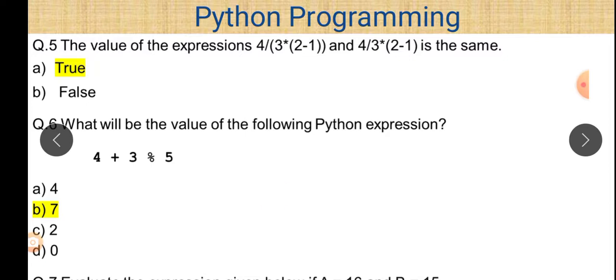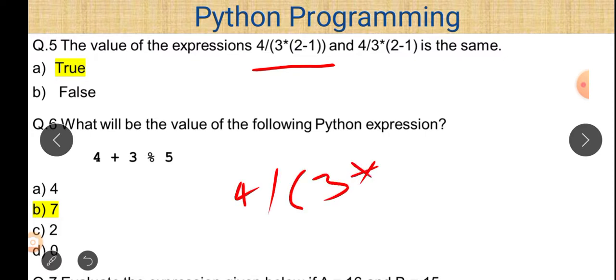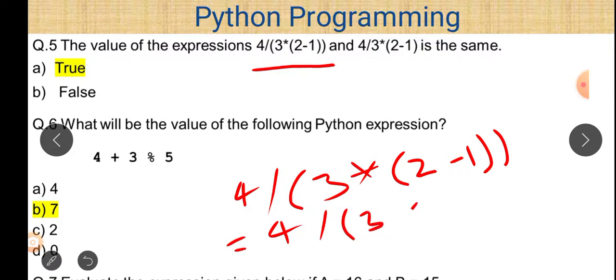So let us talk about the first expression that is given in this question. First of all, a bracket should be evaluated. If we solve 4 divided by 3 multiplied by 2 minus 1, first of all the inner bracket should be solved. That means we get 4 / (3 * 1), and then the outer bracket should be solved.